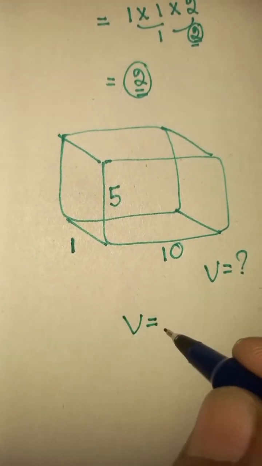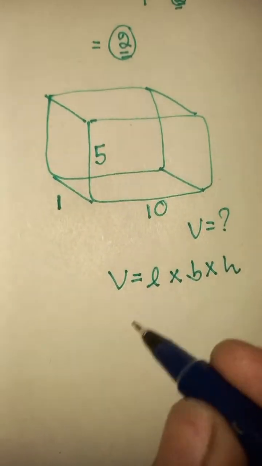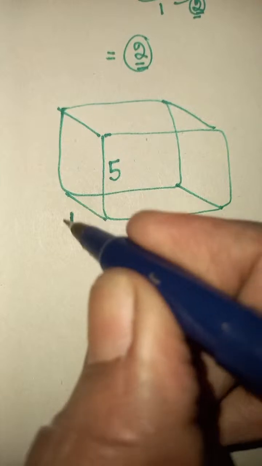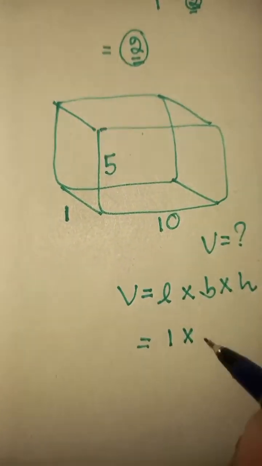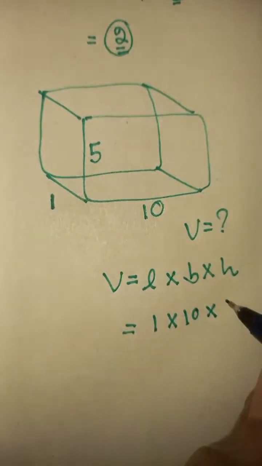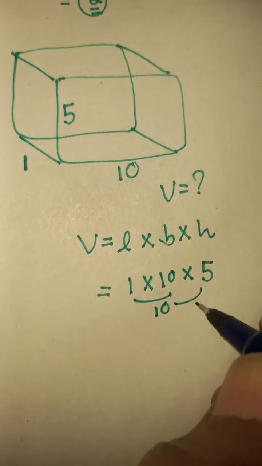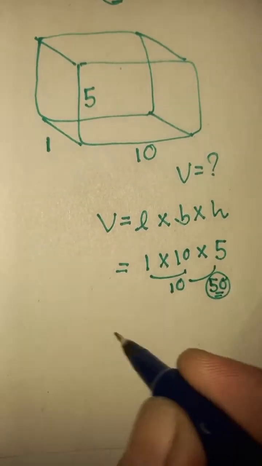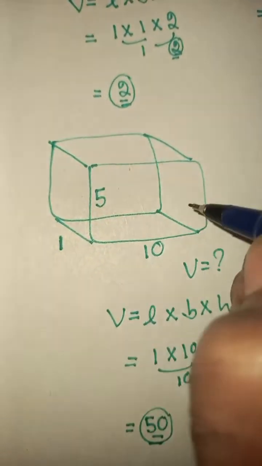Volume of the cuboid is length times breadth times height. So it's going to become length, which is 1 unit, times breadth, which is 10 units, times height, which is 5 units. Now you need to multiply. 1 times 10 is 10, 10 times 5 is 50. So 50 cubic units is the volume of this cuboid.